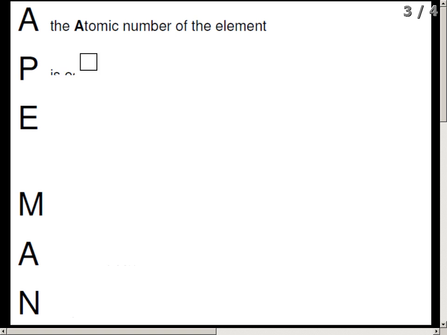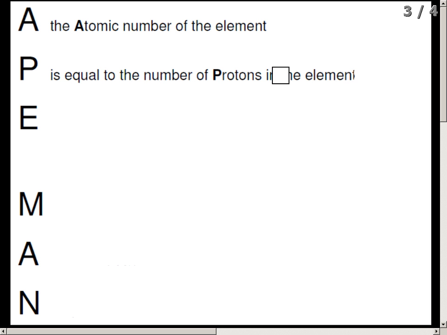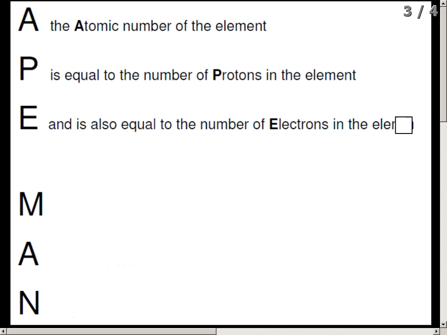The letter P is equal to the number of protons. So A, the atomic number of the element, P, equals the number of protons, which is also equal to the number of electrons, E. So APE, atomic number, protons, electrons.